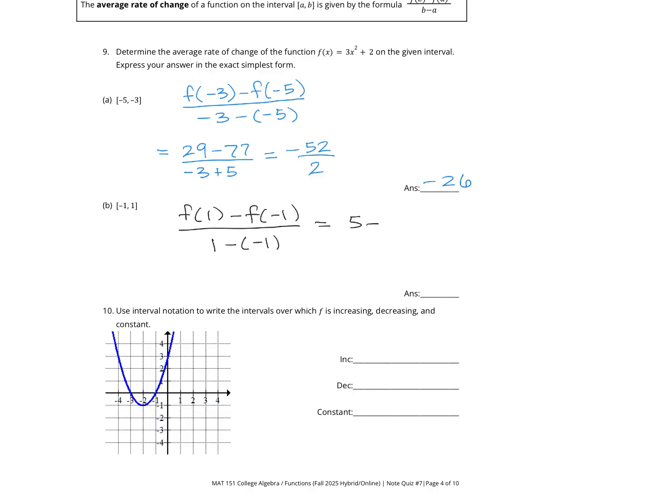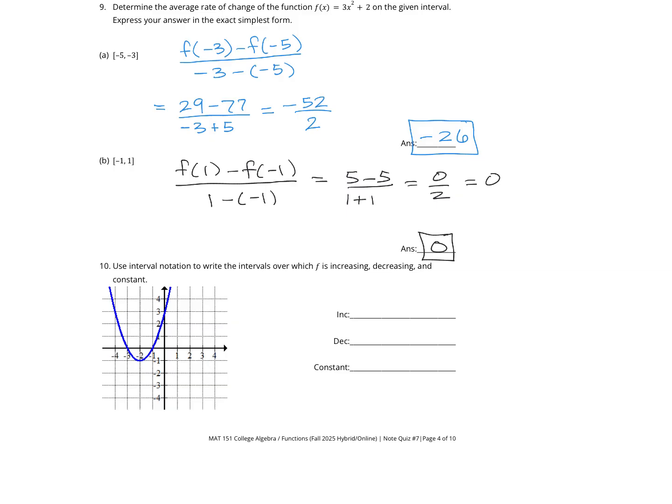Now if we find f of negative 1, we're going to get the same result because negative 1 squared is 1, 1 times 3 is 3, plus 2 makes 5. And our denominator is just 1 plus 1. So we get 0 over 2, which of course just divides out to make 0. So we have a rate of change of 0 for that interval and a rate of change of negative 26 for the top interval.